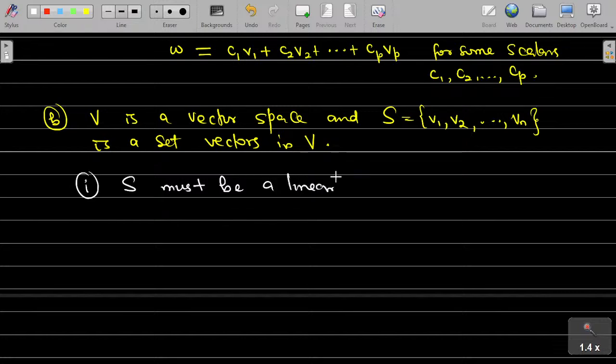That means all the vectors in S must be linearly independent. That's the first condition.